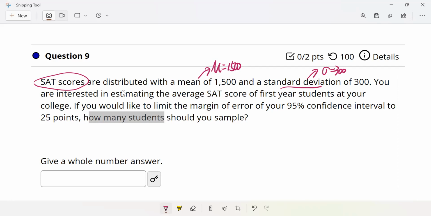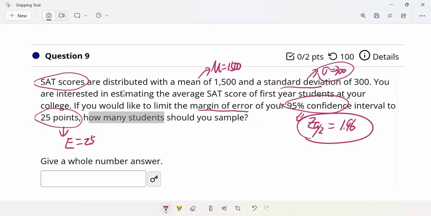If you would like to limit the margin of error to 25 points, so the margin of error must be 25 points. And then it's a 95% confidence. That means the critical z-score must be 1.96.